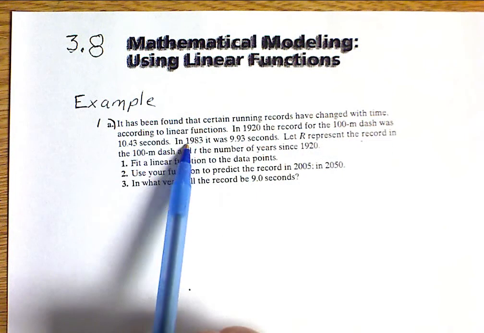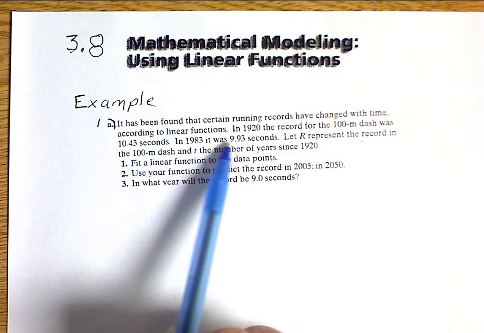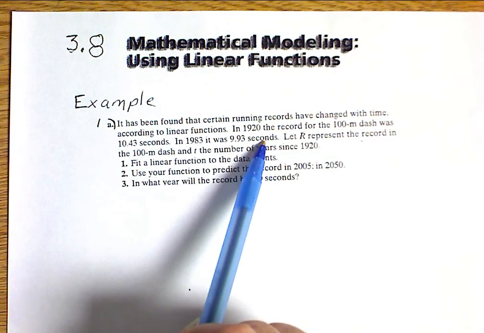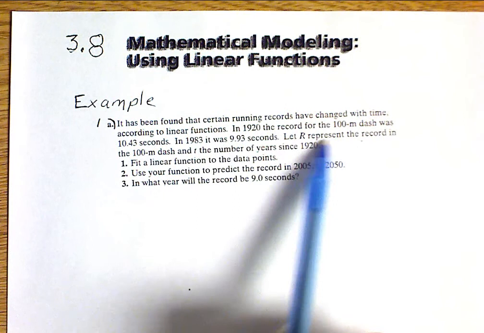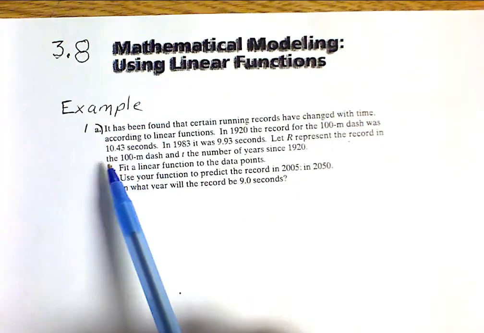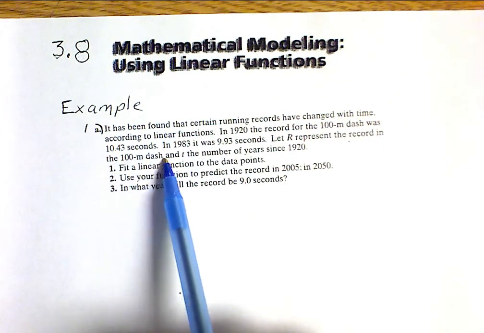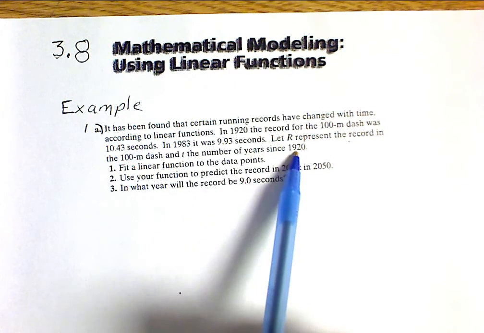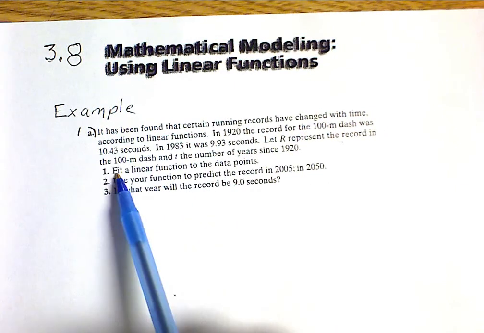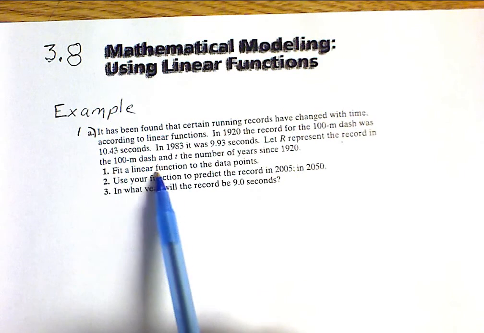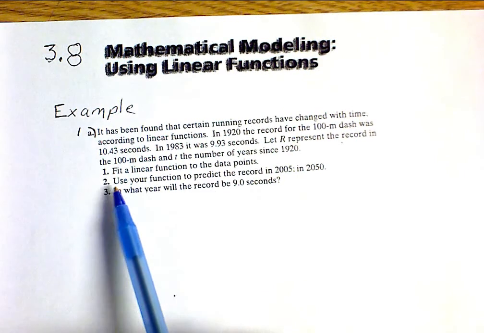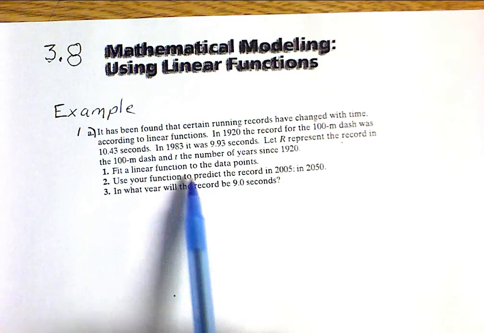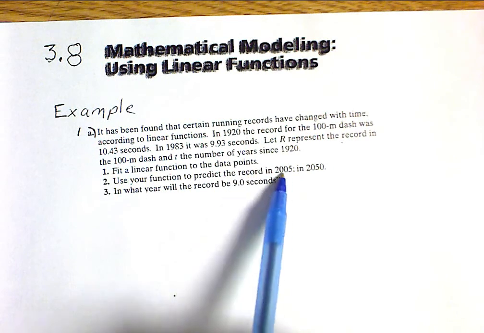In 1983, it was 9.93 seconds. Let R represent the record in the 100-meter dash and T be the number of years since 1920. Now it says, fit a line for the function and use the function to predict the record in 2005.